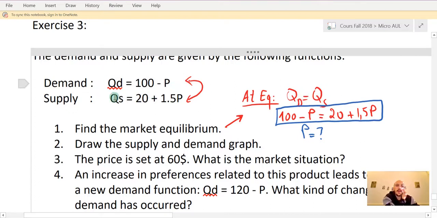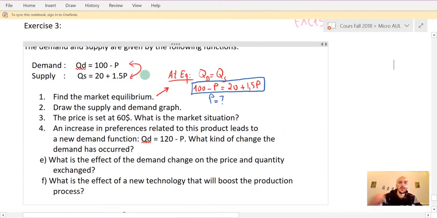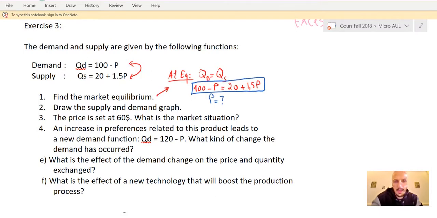Or the easier way: since QD equals QS, meaning the first one equals the second one, we replace QD by 100 minus P equals QS, 20 plus 1.5 P, and we find P. So this is maybe the hint that I gave you last time.